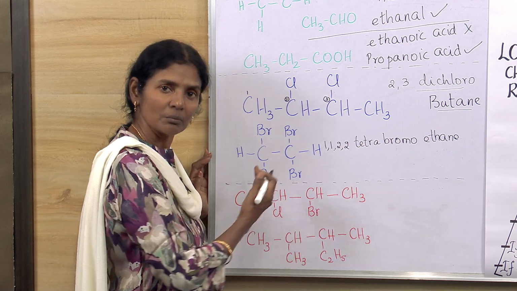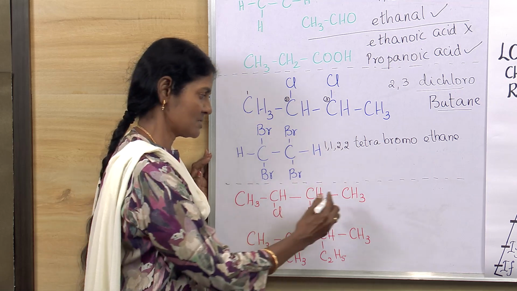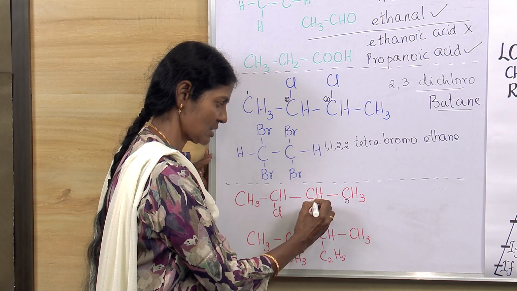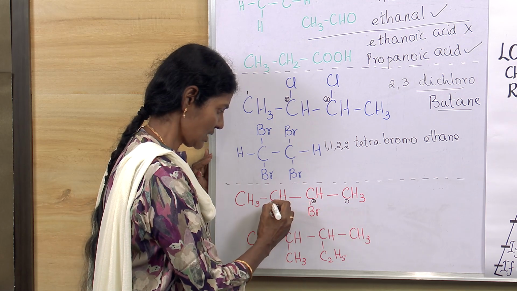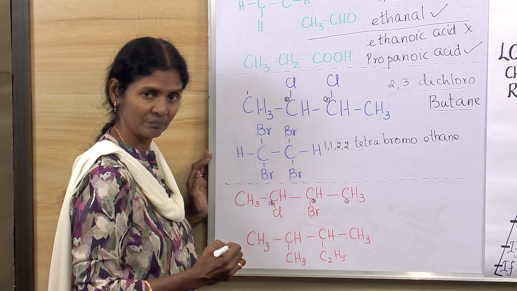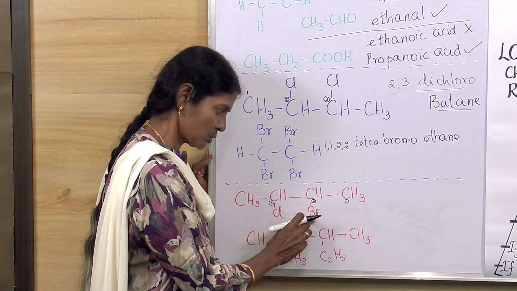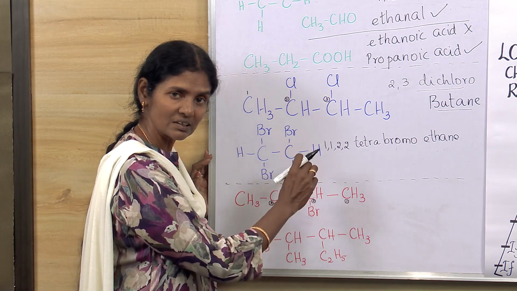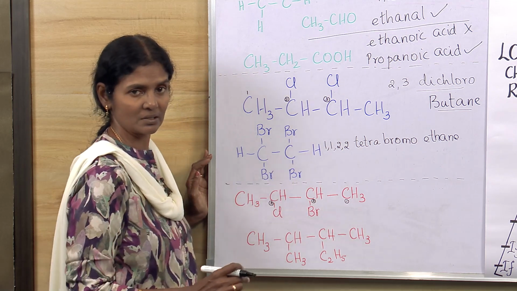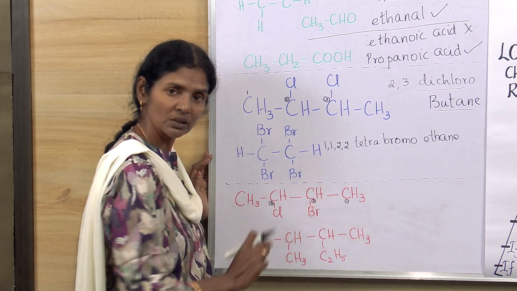Instead, we number it from right to left, which means this is in the first position, this carbon atom is in the second, and this carbon atom is the third one. In which case, the bromo group is attached to the second carbon atom, the chloro group is attached to the third carbon atom. And what is the root word here?